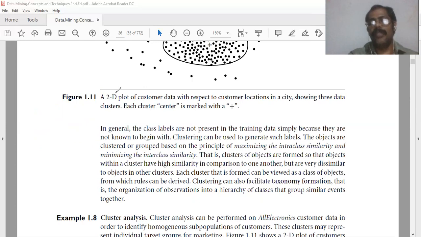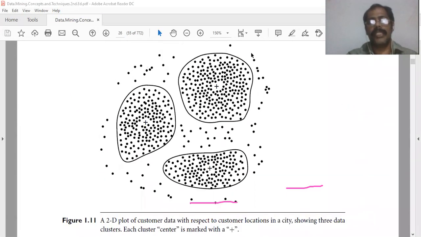Similarity between the different class objects is minimized. Clustering also facilitates taxonomy formation. This taxonomy formation organizes the observations into a hierarchy of classes.